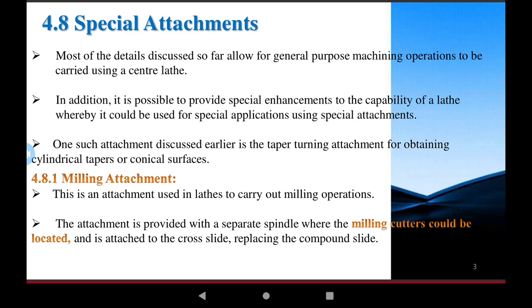Some are used for special purpose elements, some for special applications, and the products are completed for the machine.